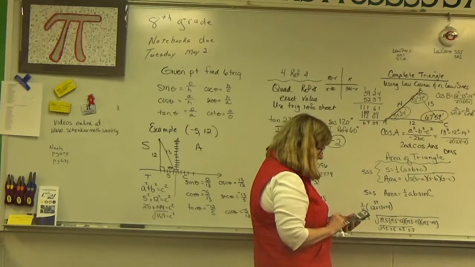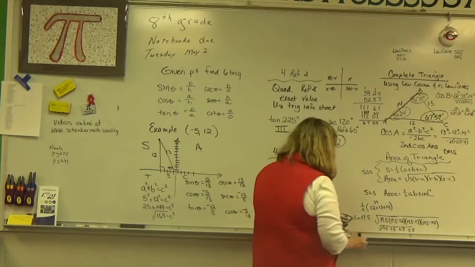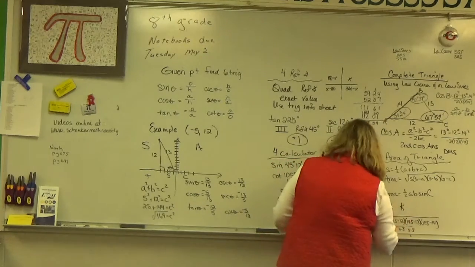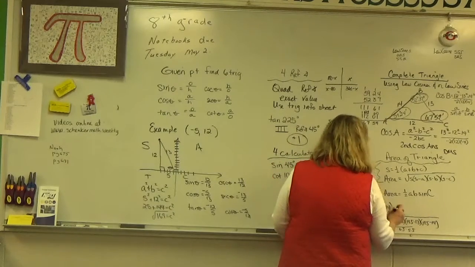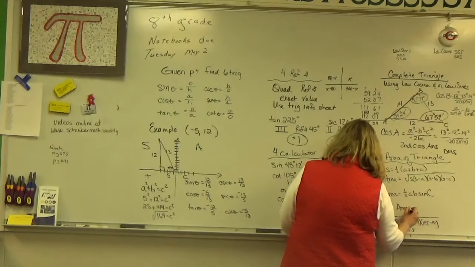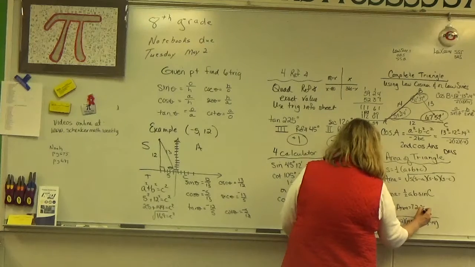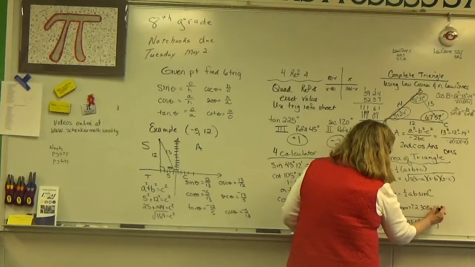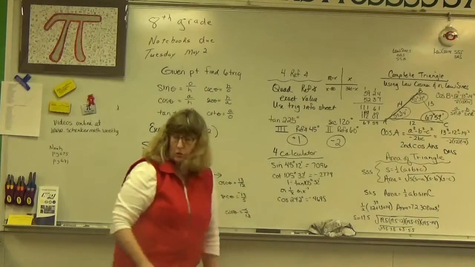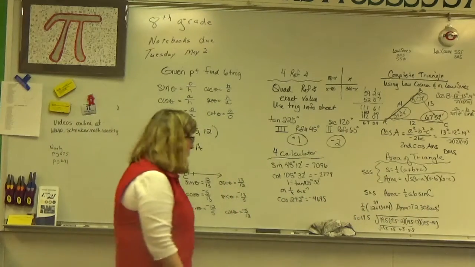I get 72.308. Yeah, that's what I have. So the area of this one would have been 72.308 units squared.